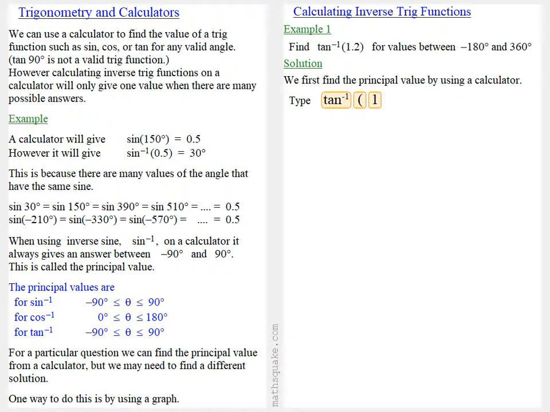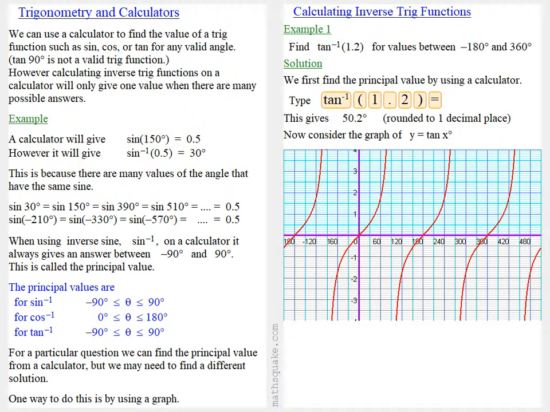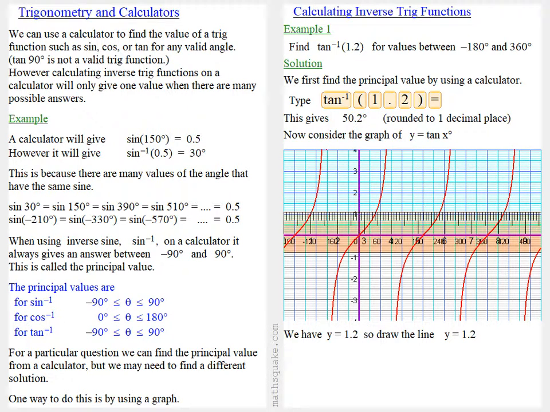So we type into the calculator the inverse tangent of 1.2 equals, and it gives the answer 50.2 when it's been rounded off to one decimal place. So we can then consider the graph. Now, we have y equals 1.2, so we can draw a horizontal line, y equals 1.2.